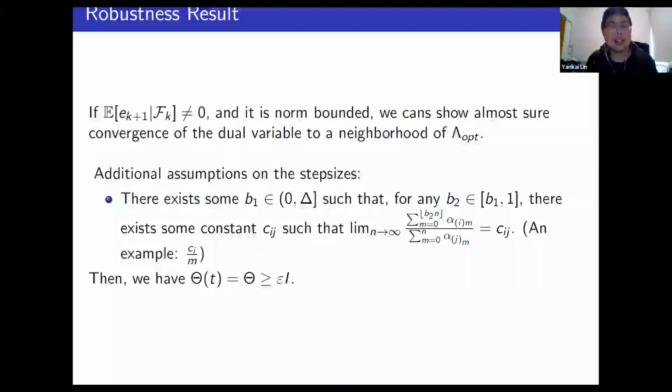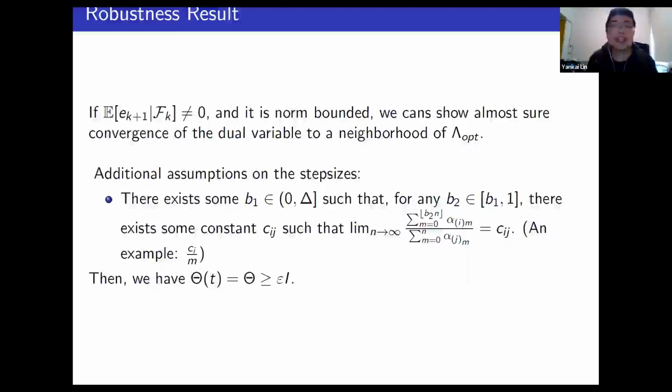And why we need this assumption is that, you remember in the previous slide, the differential inclusion is non-autonomous. We have a coefficient matrix that's time varying. If you're using these balanced step sizes, we can show that this theta t is actually a constant matrix and it's positive definite.